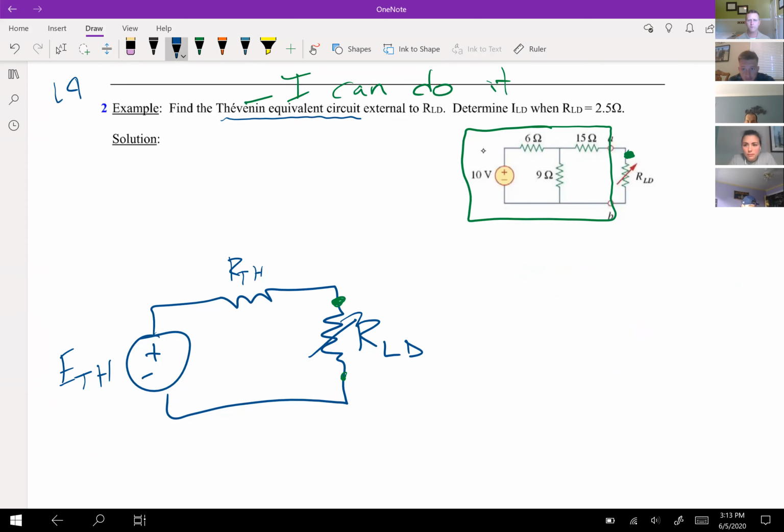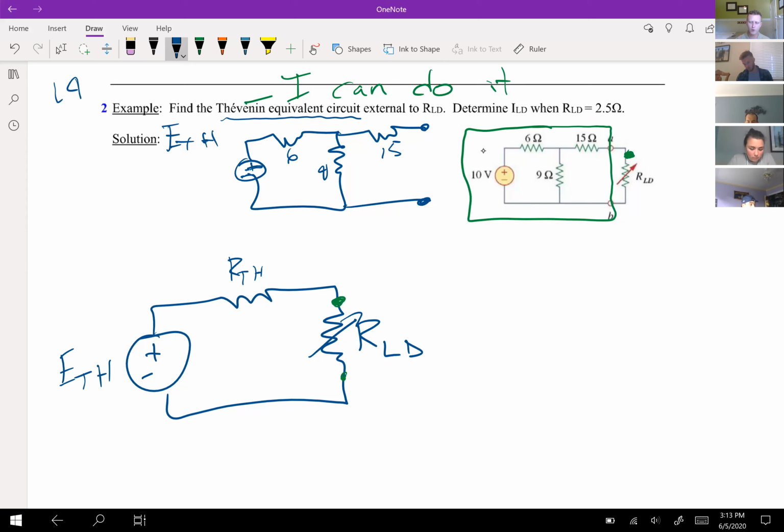Now, how do we actually solve for it? There are a couple ways you can analyze it by looking at it, but I recommend often redrawing it, right? If I was looking for the E Thevenin circuit, you don't have to redraw this one, because you can also just put your thumb over the load resistor whenever we remove it. But the reason I find it helpful to redraw is that whenever I remove the load resistor, I can now see that this 15 ohm resistor has nothing flowing through it.